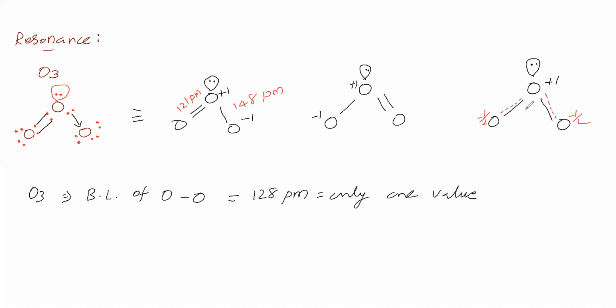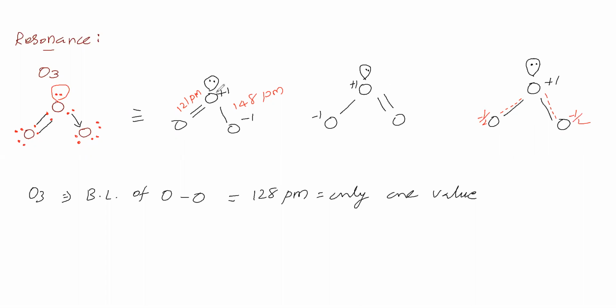Therefore, this ozone has only one bond length. Experiment says that ozone has only one bond length, and that is what this structure also says. This bond is a 1.5 bond, so it is greater than the single bond length, meaning less than 148. Here the double bond is 121, and a 1.5 bond means the bond length is greater than 121.